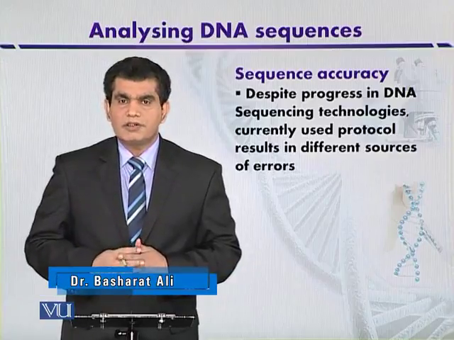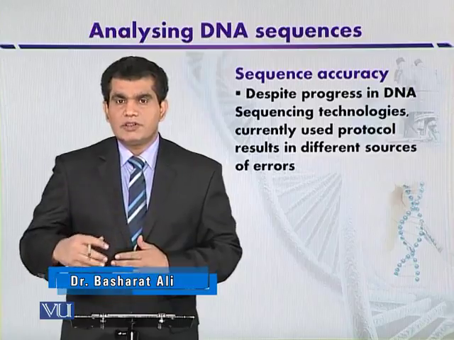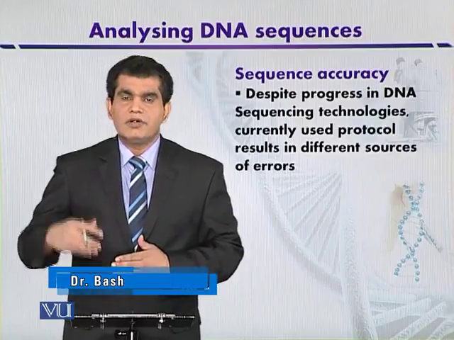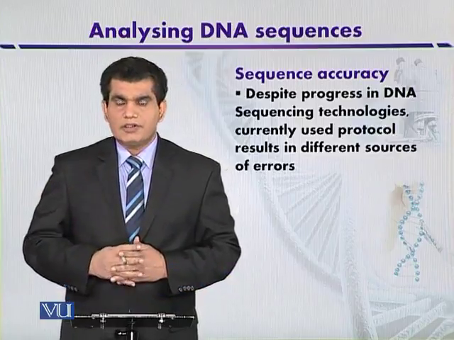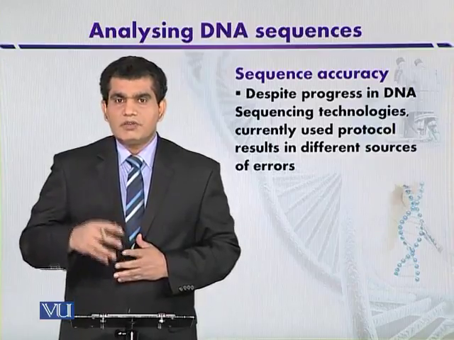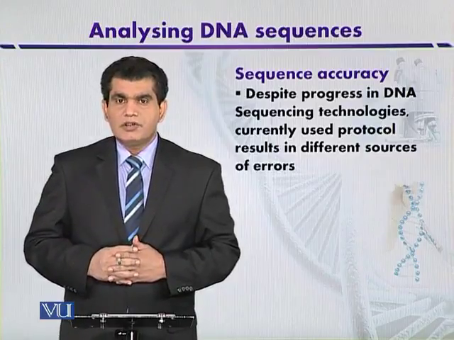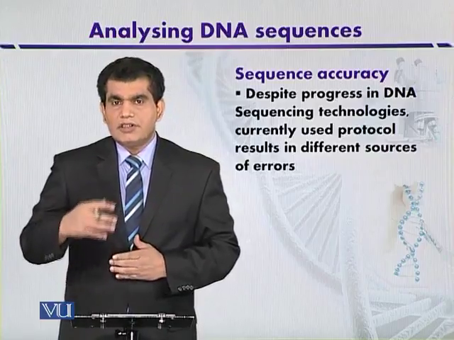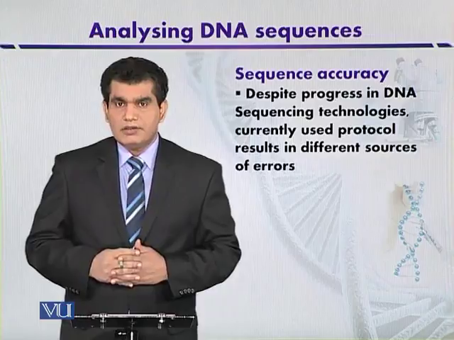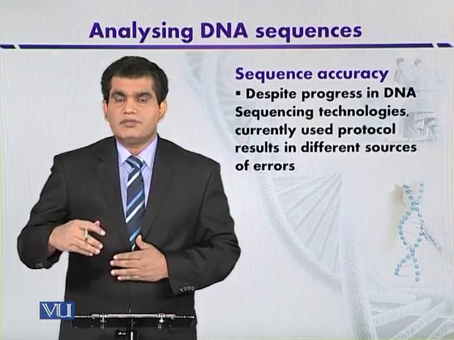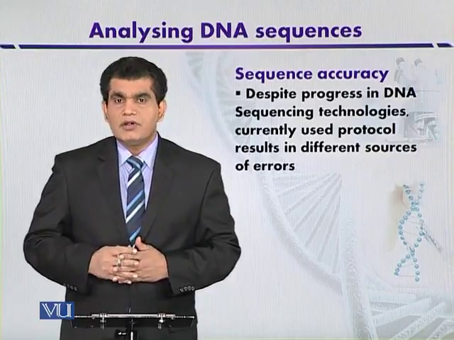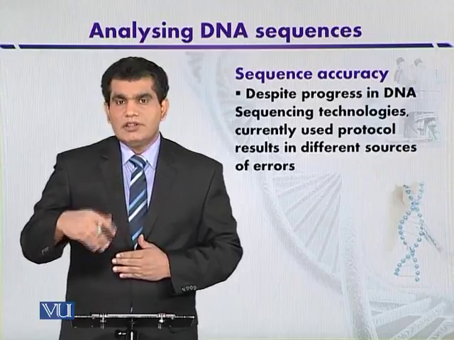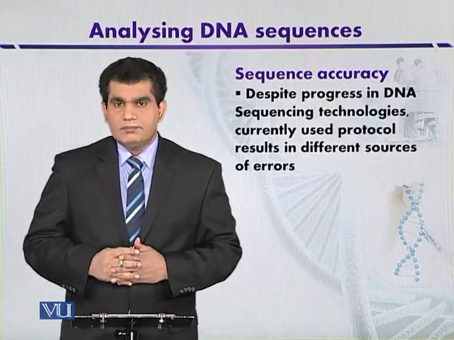High performance automated sequencing machines, although they have minimized the errors of DNA sequencing that are introduced due to human activities, still problems are there. For example, in case of gel compression, these errors are still unavoidable.